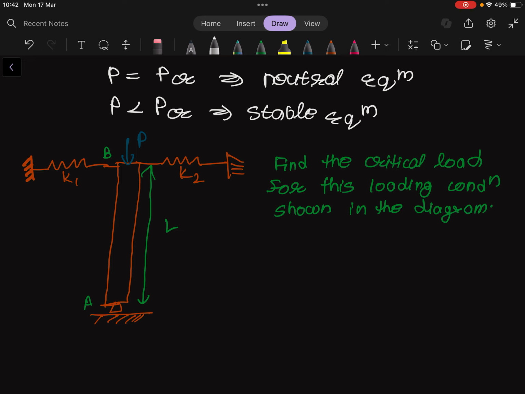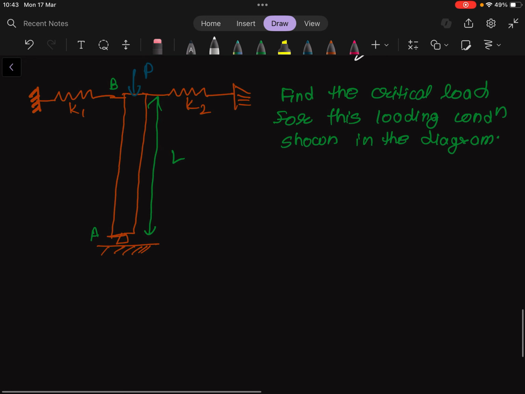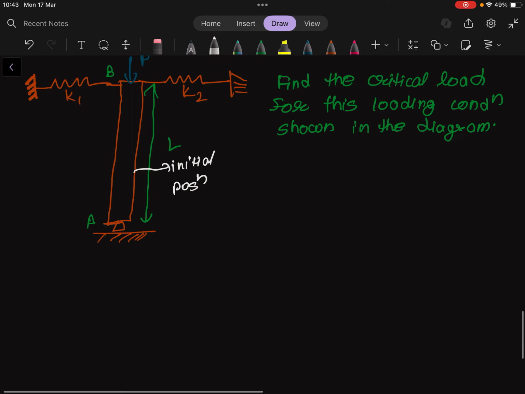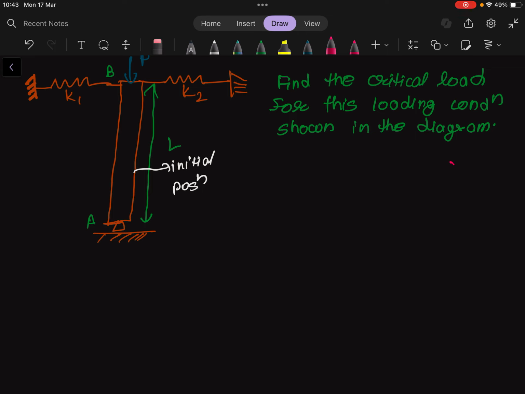So let's begin by solving it, or we can say by dissecting it, because we are going to draw the free body diagram here. So this is basically our initial position of our column. Now after the applied load, our column is going to have this position, something like this.